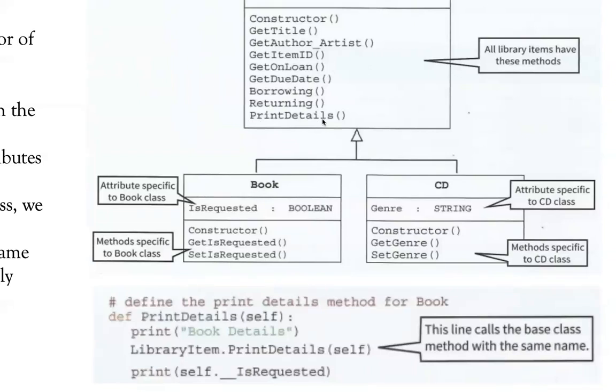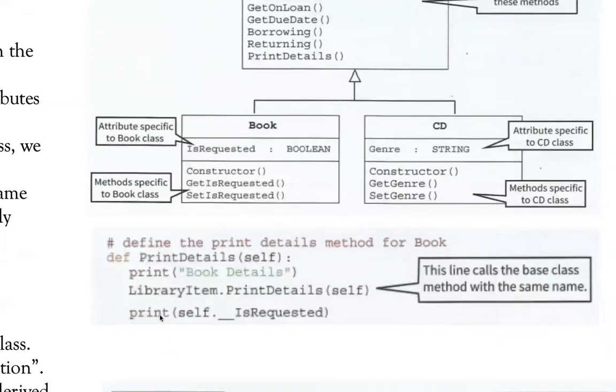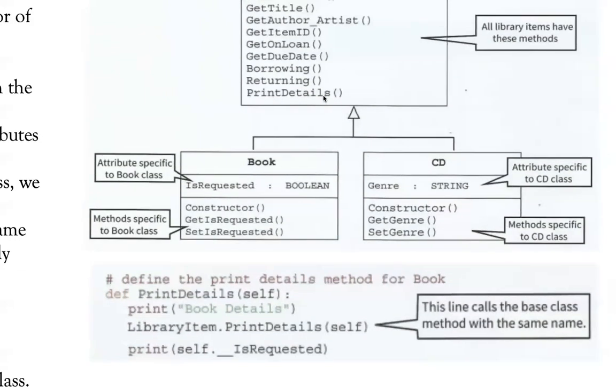And that's okay. The thing is, this is behaving differently. Now, how is this behaving differently? If I call a print details subroutine for a book class object, this print details will run. However, if I call a print details subroutine for my CD class object, the original print details will run. So this is only limited to the book subclass.